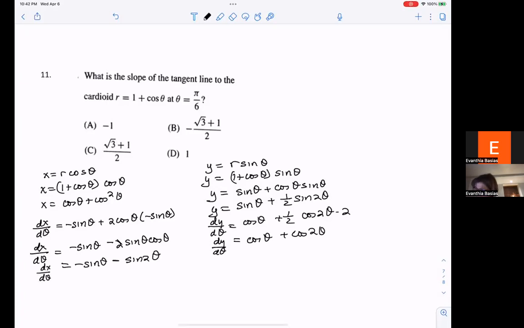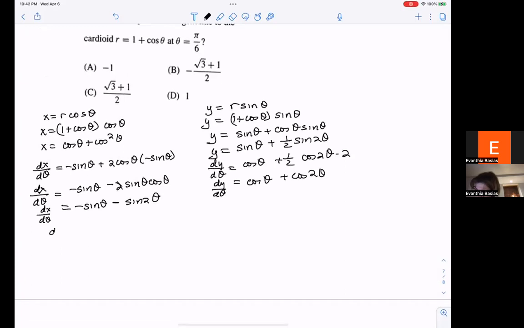So dy dx is dy d theta over dx d theta, but at theta equals pi over 6, we're going to put pi over 6 into everything. So let's see if we could do that.